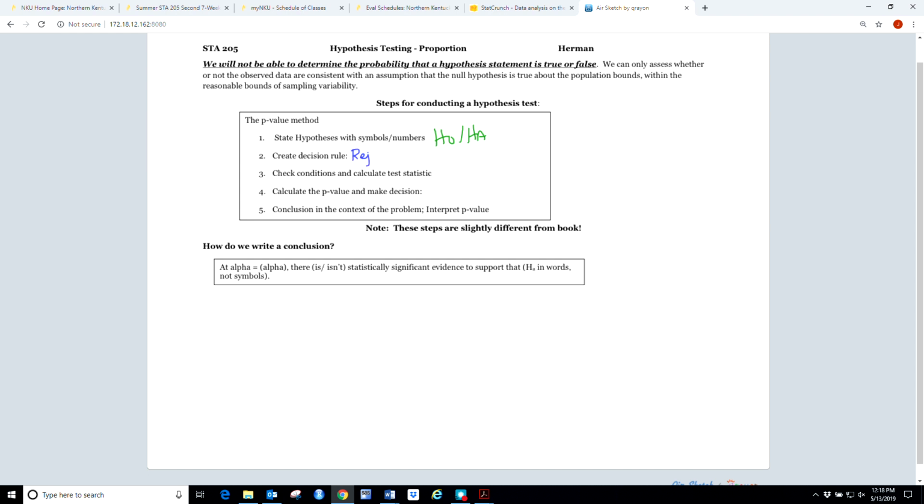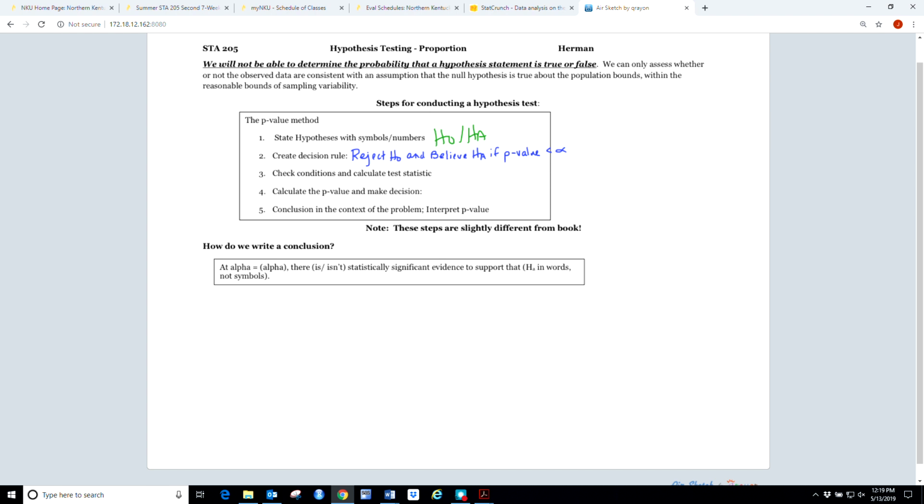So I am going to reject my null hypothesis and instead believe my alternative hypothesis if my probability, or now what we're calling the p-value, is small. And we determine small as less than our alpha, that significance level that we defined previously. So remember, we're always going to reject when the probability is small.